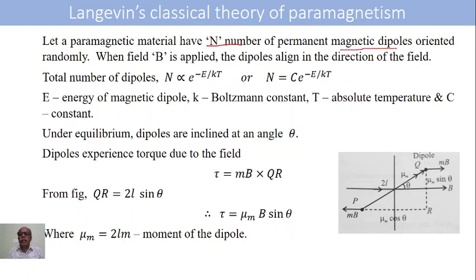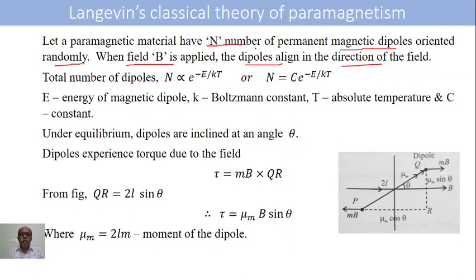These magnetic dipoles will be oriented randomly in the absence of any external magnetic field B. When we apply an external magnetic field B, these magnetic dipoles will align in the direction of the magnetic field.